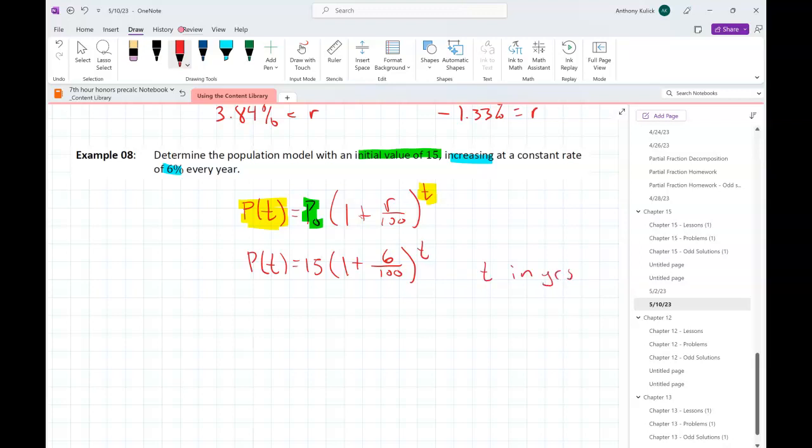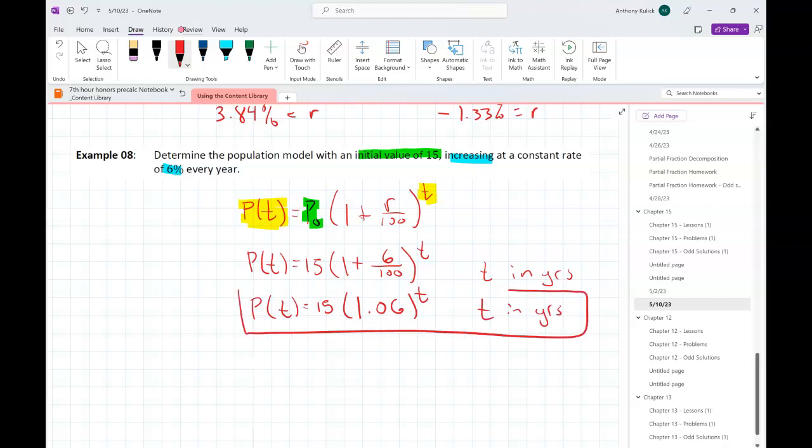And notice that I could simplify 1 plus 6 over 100. And typically when we write our models, you'd want to do that. So our population model is just P of t equals 15 times 1.06 to the t, with t in years. That's good.